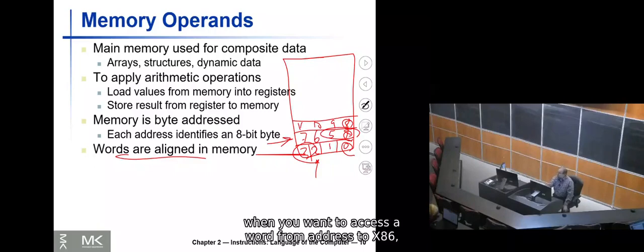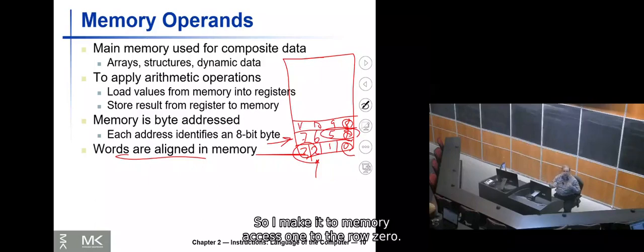When you want to access a word from address 2, x86 thinks, okay, it is address 2, so I have to bring memory locations 2, 3, 4, and 5. And then it finds out that 2, 3 are in row 0, and 4 and 5 are in row 1.